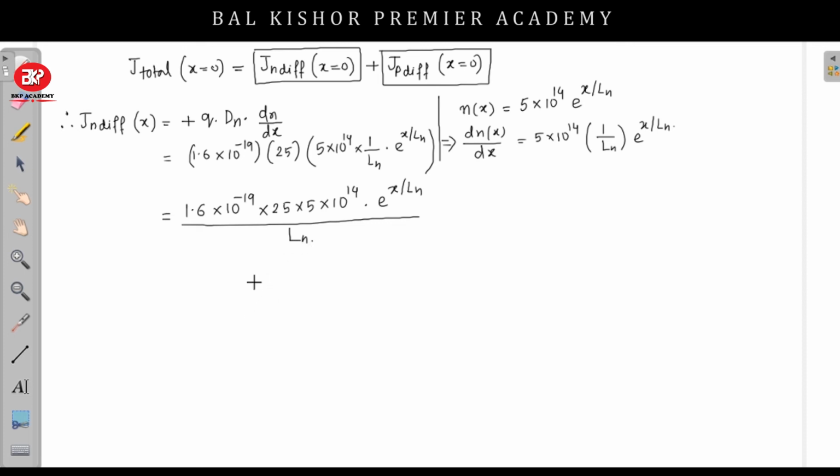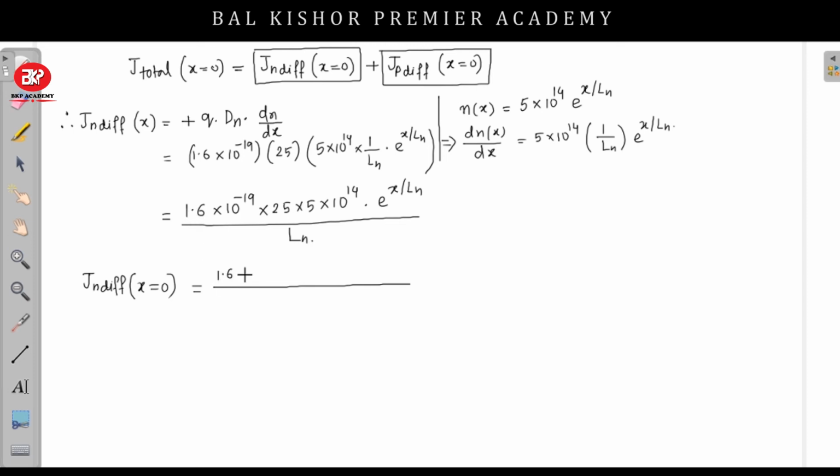What will be the value of Jn diffusion at x equals 0? Let us put the value of Jn diffusion at x equals 0.